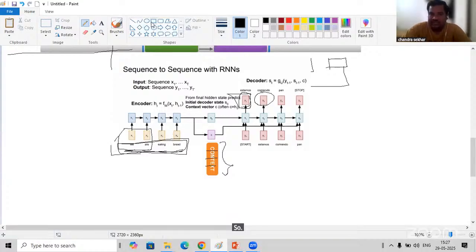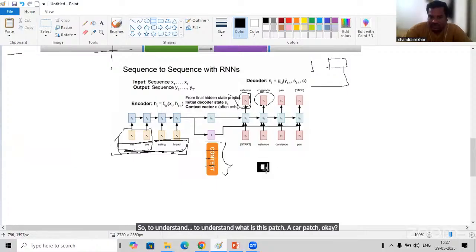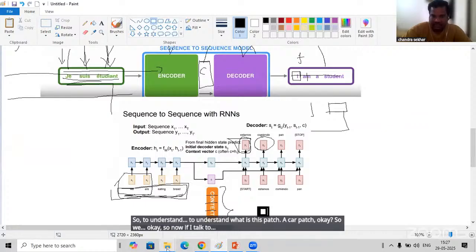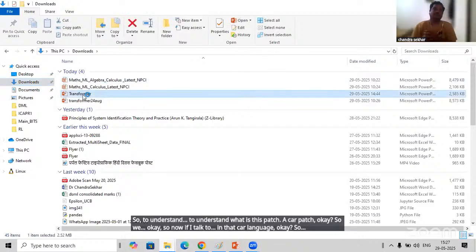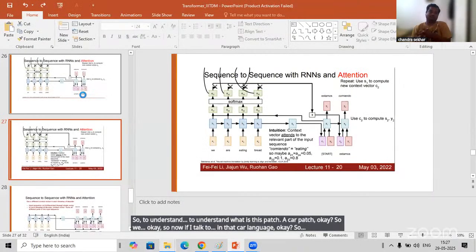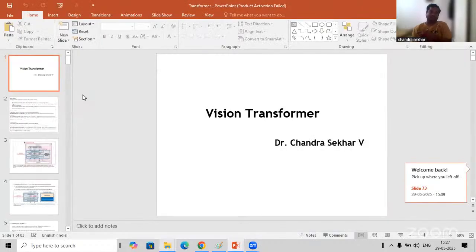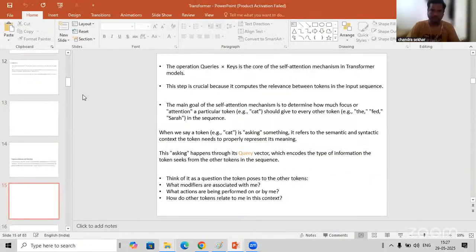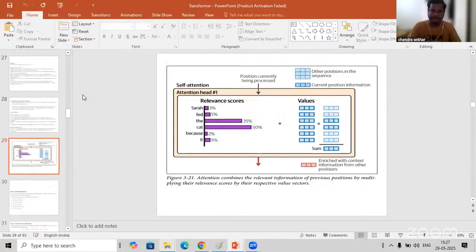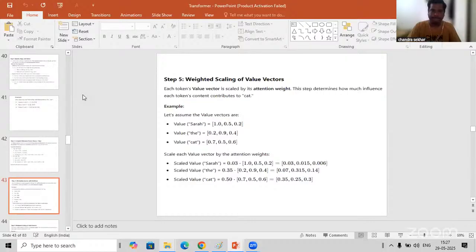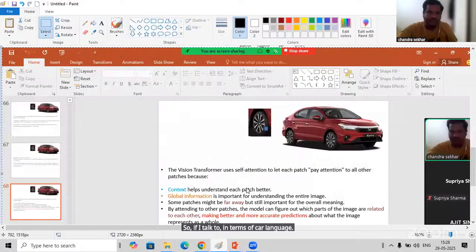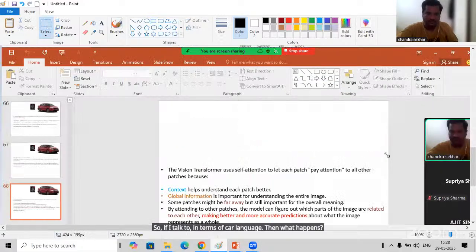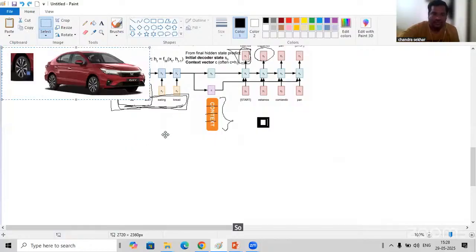To understand this, take the car patch. Now if I talk in terms of car language, this is the input.